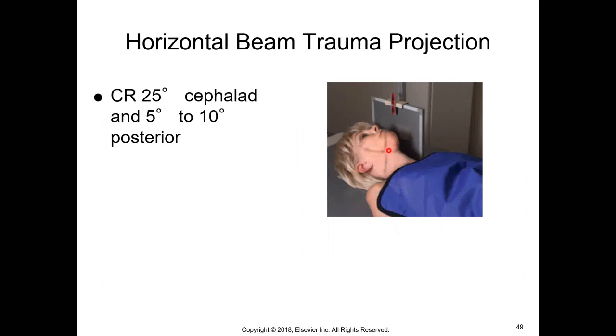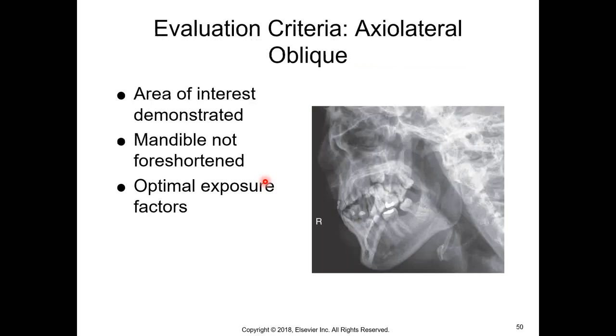And here's more of that trauma position. You can see central ray is still 25 degrees cephalic, and then you're going 5 to 10 degrees posteriorly, and that's kind of faking that tilt action there. And this is really what an axiolateral oblique mandible looks like. They're kind of cool once you get them.